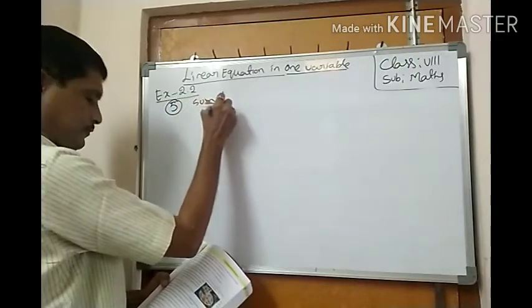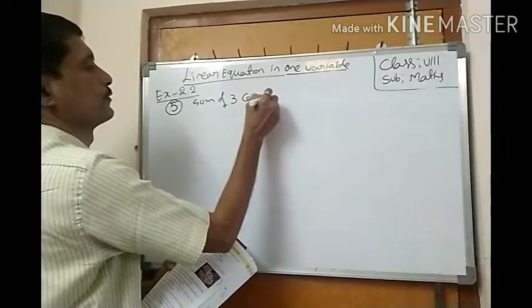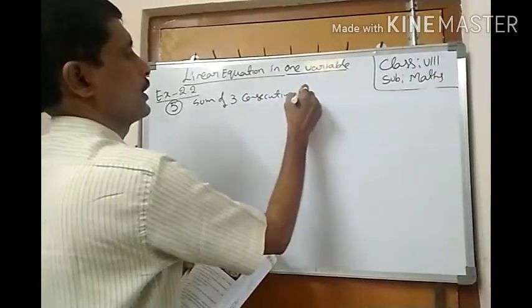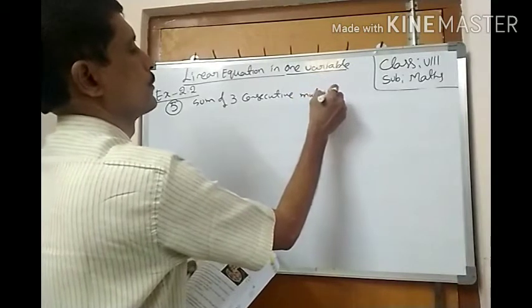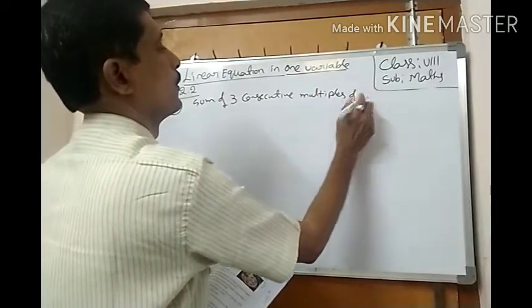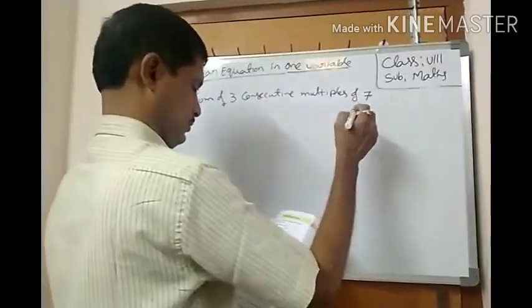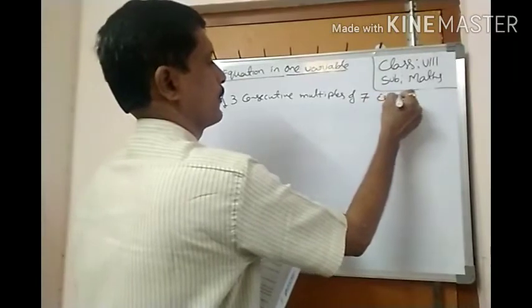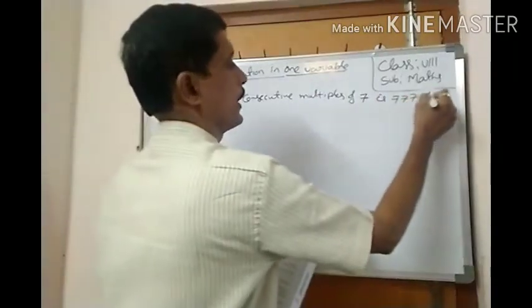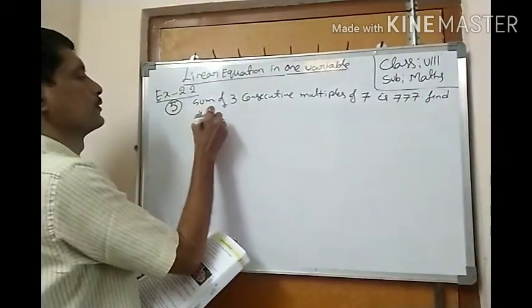Here the sum of three consecutive multiples of 7 is 777. Then find these multiples.